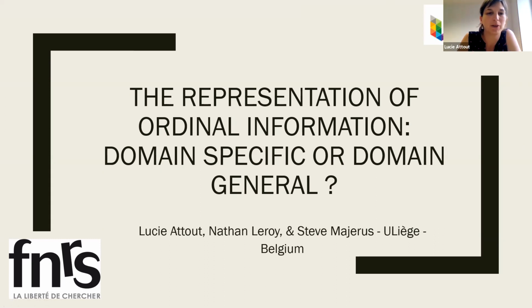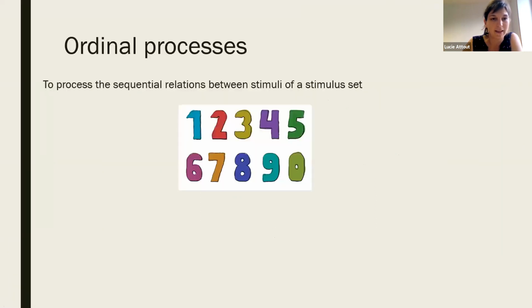So today I will talk to you about ordinal information, and the question is whether it's domain specific or domain general. Ordinal processes are required to process the sequential relations between stimuli of a stimulus set.